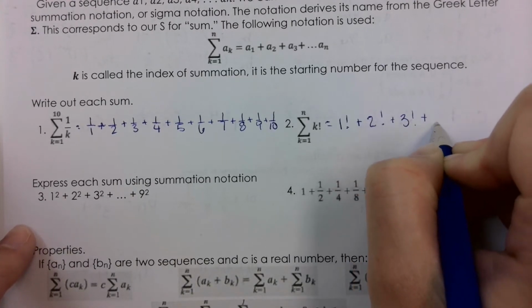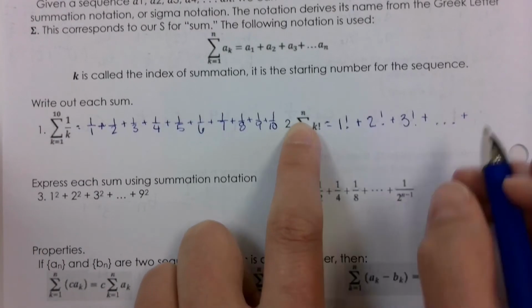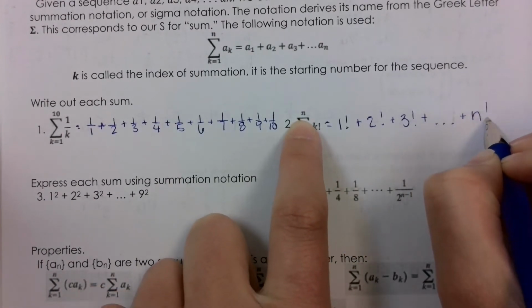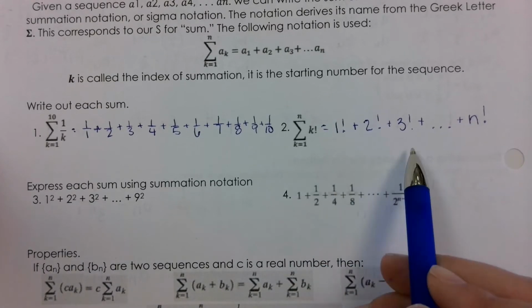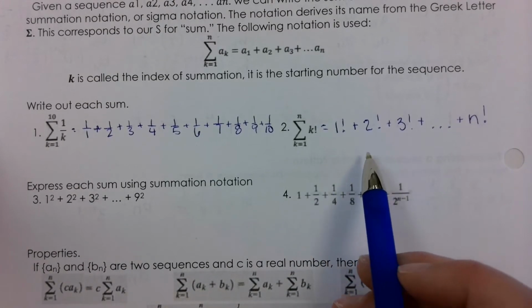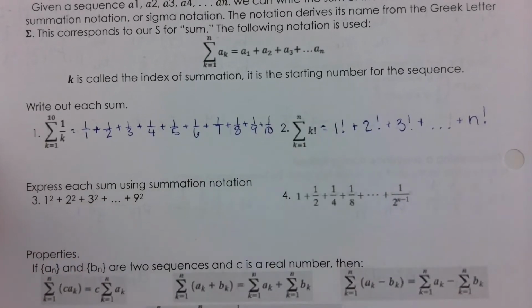And we would keep going till we get to the last one, which is n. So we'll just put plus n factorial. Is that okay? They may ask you to write out a sum like that, so you've got to know how to use those variables. Typically, if you just do the first 3 or 4 here, and then do dot, dot, dot, and then write your rule with the variable in it, that'll be enough. Does that make any sense?